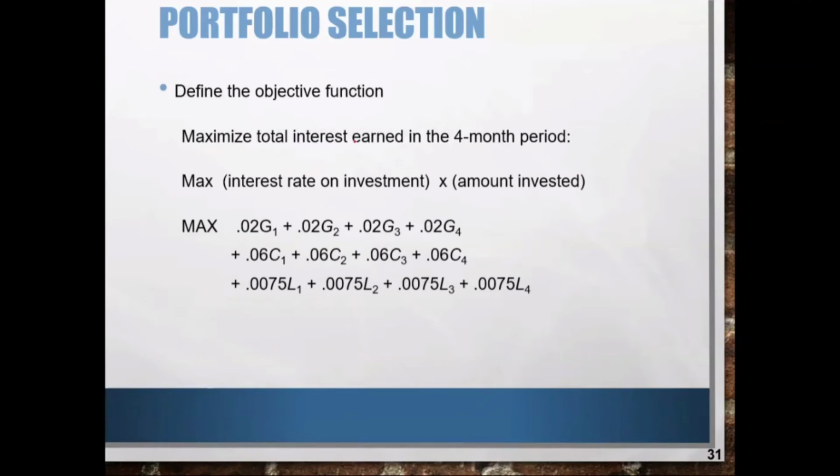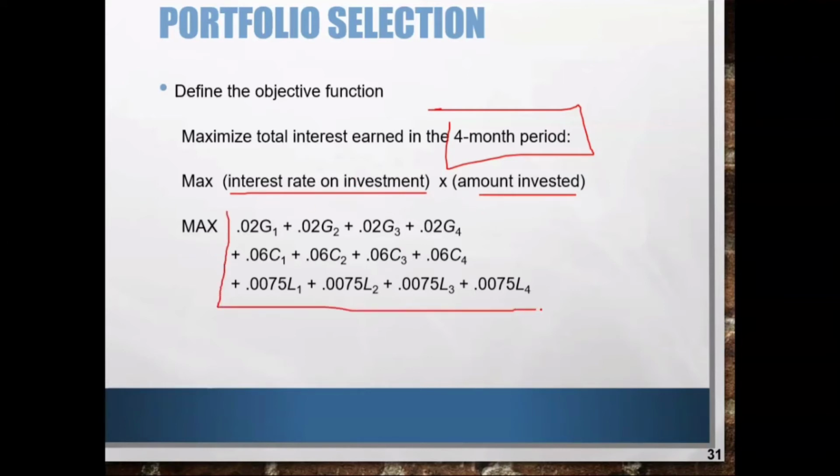Next, we need to define the objective function: to maximize the total interest earned during the 4-month period, as stated by the problem. So we need to maximize interest rate on investment times amount invested. We have 0.02 as the 2% interest rate on government bonds after 2 months, for month 1, month 2, month 3, and month 4.